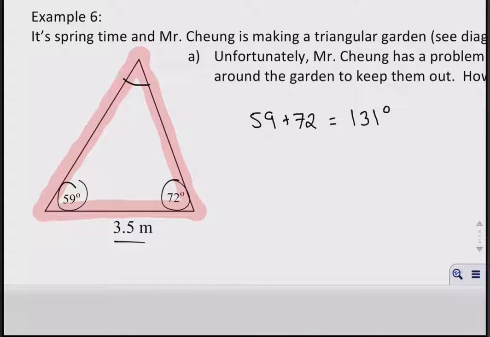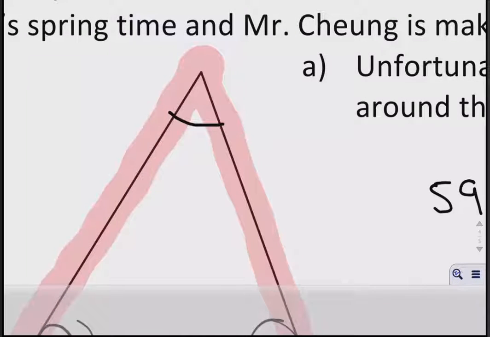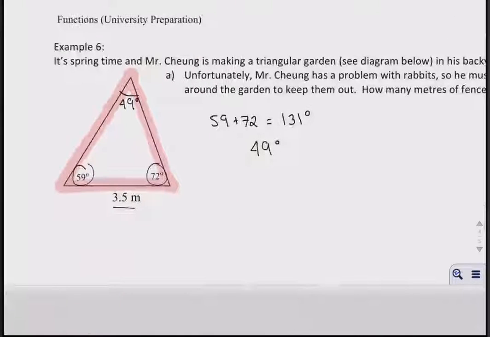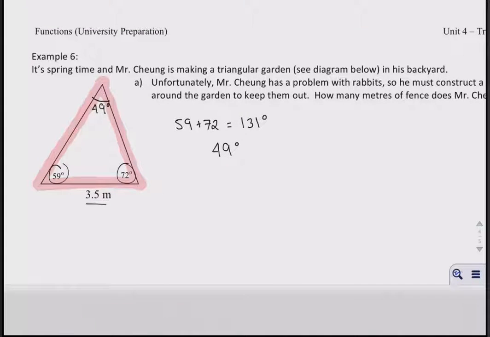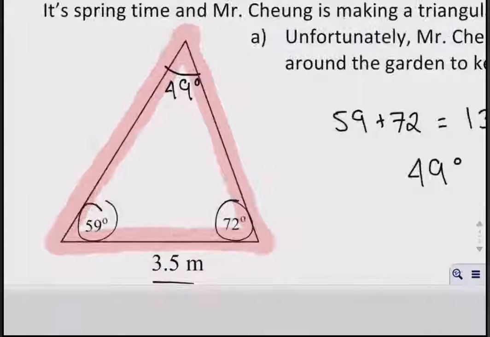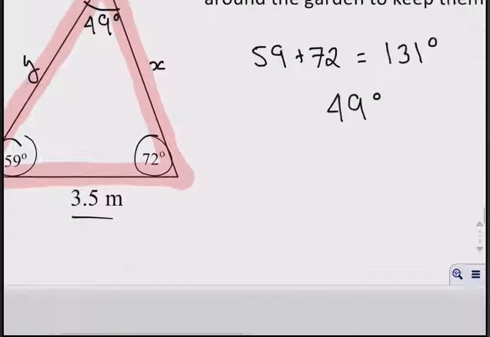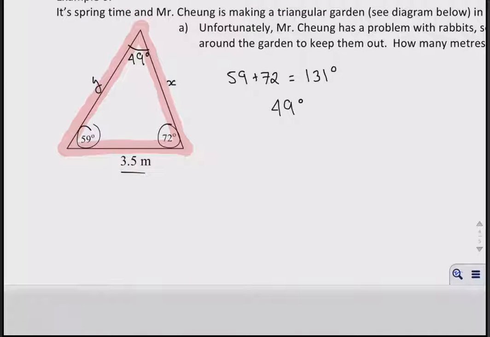And if I subtract that from 180, I end up with 49 degrees. So in here I have 49 degrees. What I want to do now, I need to figure out the other 2 sides. So let's label this side x and this side y. And we'll begin by solving for x.